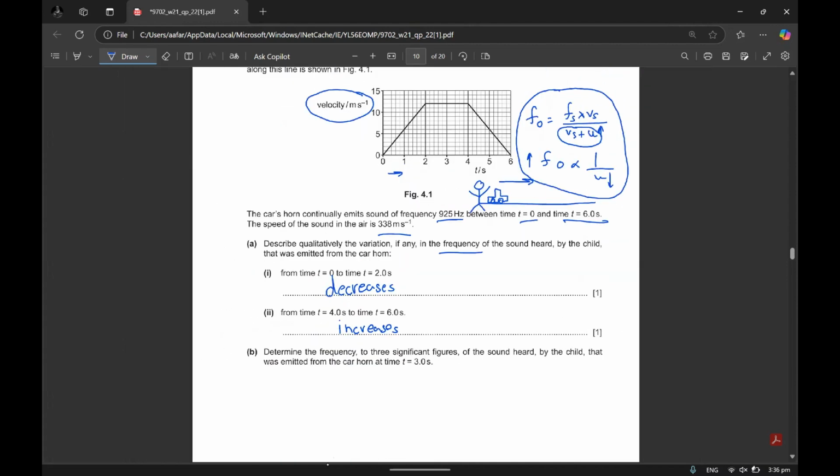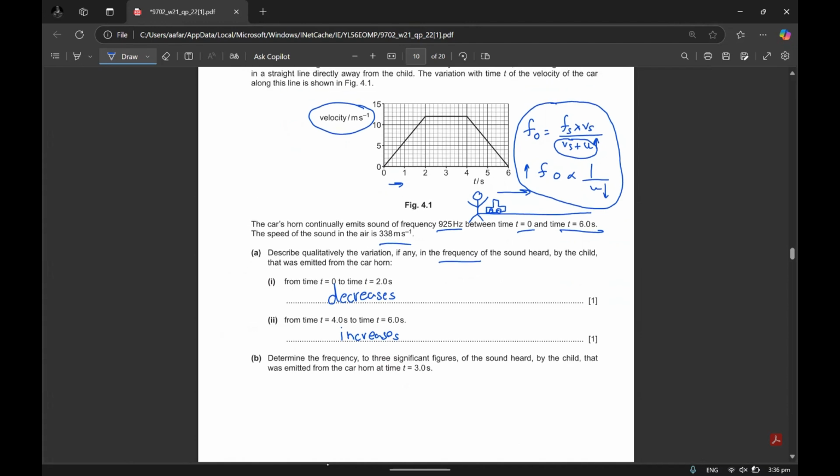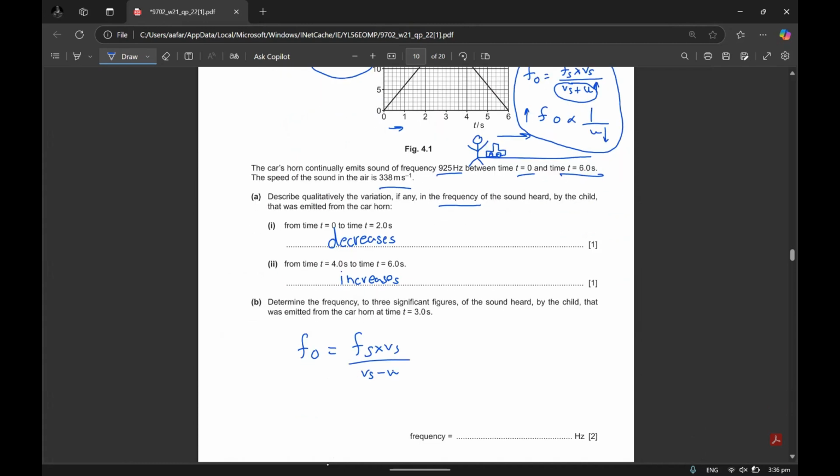Determine the frequency, to three significant figures, of the sound heard by the child that was emitted from the car horn at time t equals 3 seconds. We'll use the same formula: frequency of source times speed of sound, divided by speed of sound plus speed of source. The frequency of the source is 925 hertz.